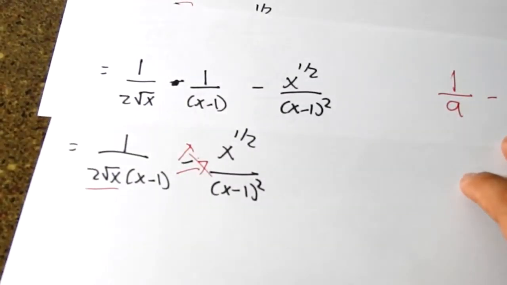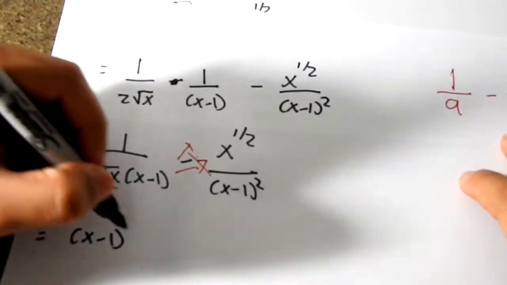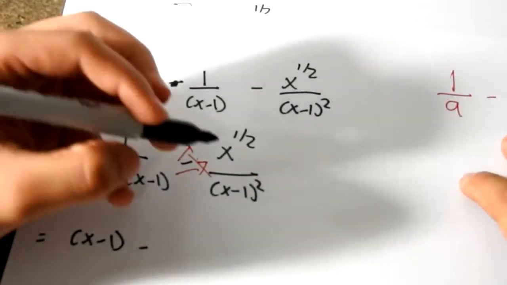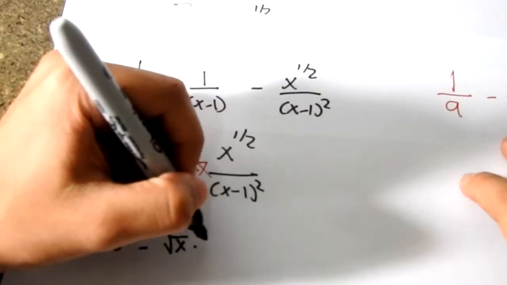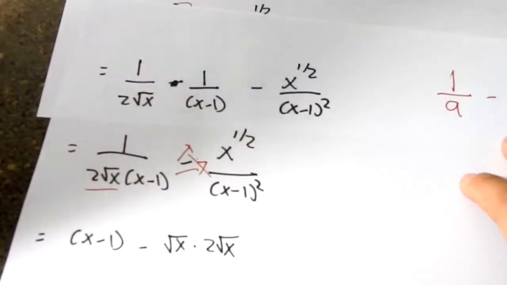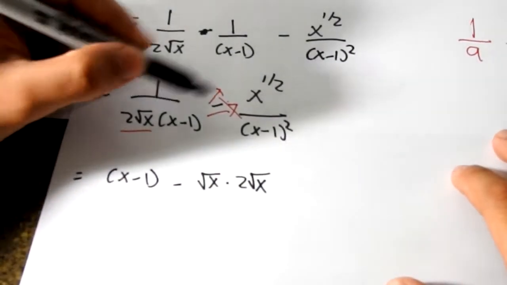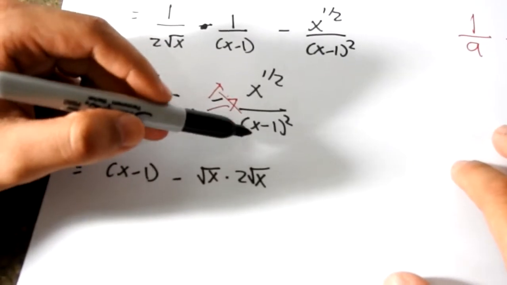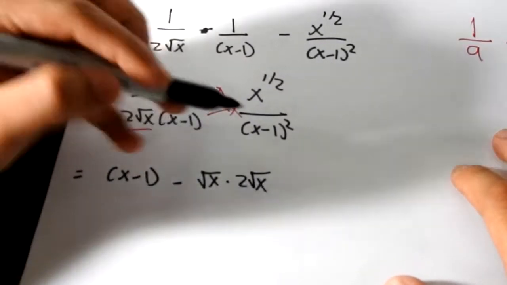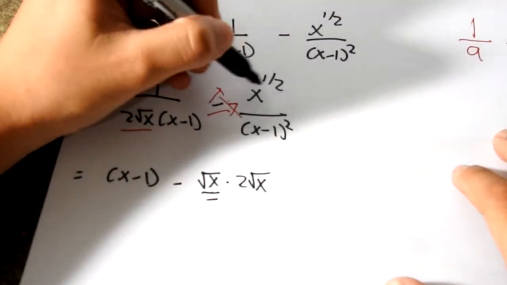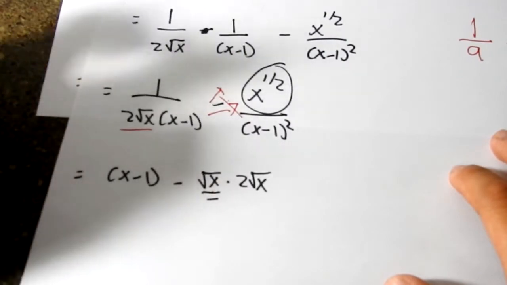So I'm going to have on the numerator x minus 1 minus square root of x times 2 square root of x, right? Because I just send the 2 square root of x over there, and I send 1 x minus 1 over there, so I have them here. And this square root of x is the same x to the 1/2. I just wrote it in radical form.